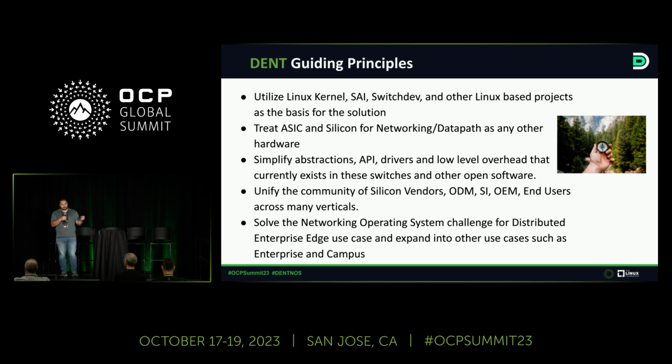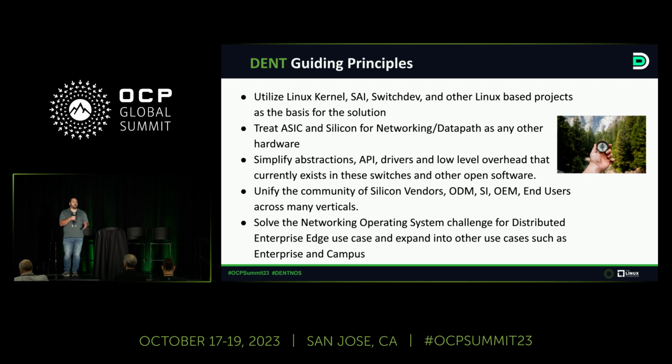If you think about things in the Linux way, generally speaking, a lot of other hardware components are not treated in a special way. And for some reason, the switch silicon has been different historically. There are special SDKs and special ways you have to think about it, with special licensing.